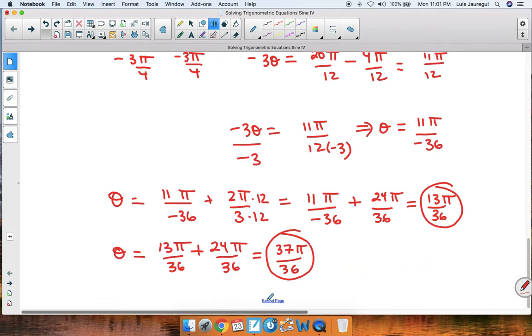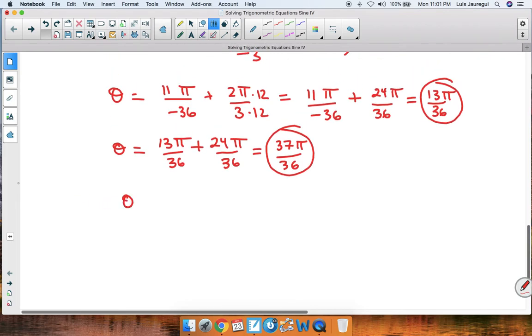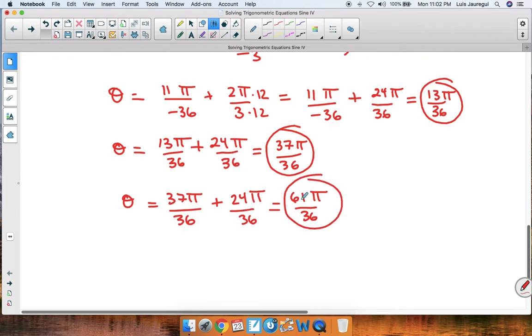So we take this angle here, and we're going to add another period. So theta is equal to 37 pi over 36, and let's add the period of 2 pi over 3, which corresponds to 24 pi over 36. And we get 61 pi over 36. Now, if we were to add another period, you notice that 61 plus 24 will give you 85, which is far beyond the 72 pi over 36 that we want.